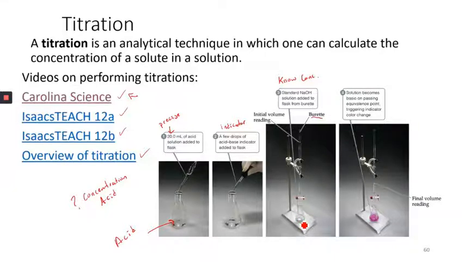And then once the solution turns a very pale pink, you've reached what's called the equivalence point. And we'll go over these definitions of these words on the next slide. And then if it turns a very dark pink, then you've gone past the equivalence point and you're at the end point. And now your solution is actually basic.